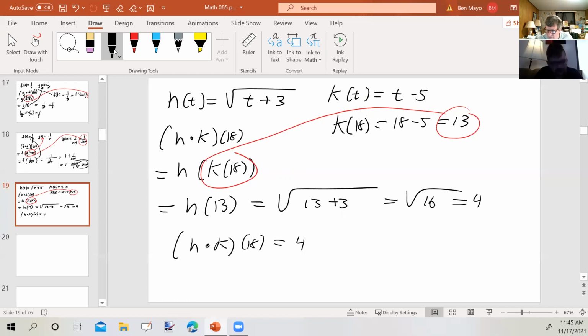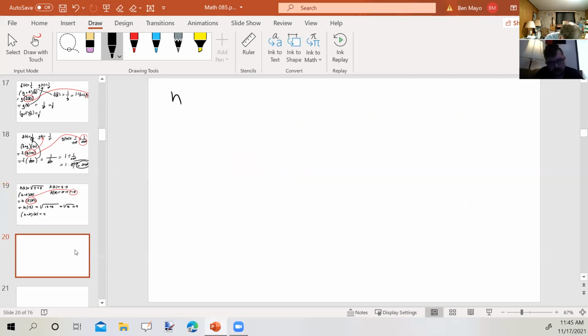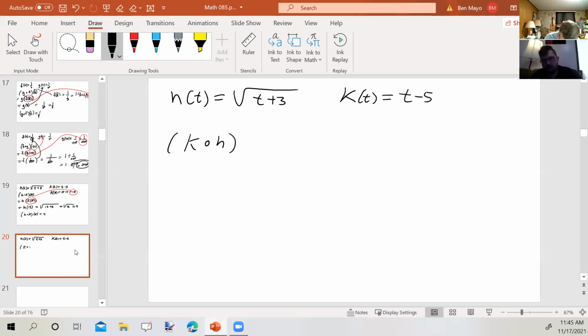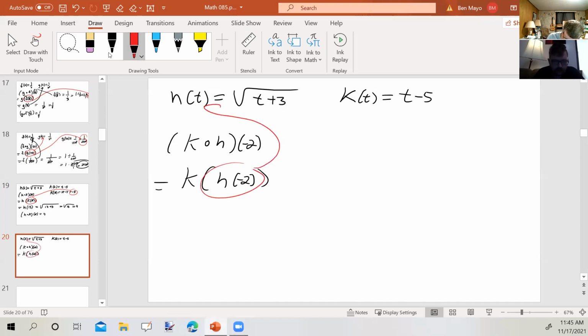Any questions there? All right. Using the same two functions, h of t equals the square root of t plus 3, k of t equals t minus 5, let's find k composed with h of -2. So that's equal to k of h of -2. h of -2 is the square root of -2 plus 3, which is the square root of 1, which is 1.